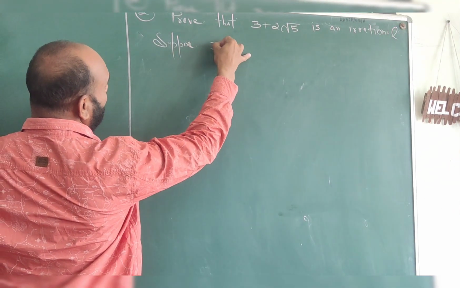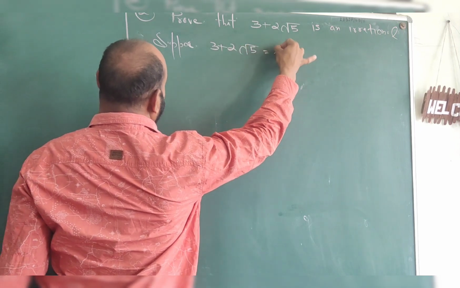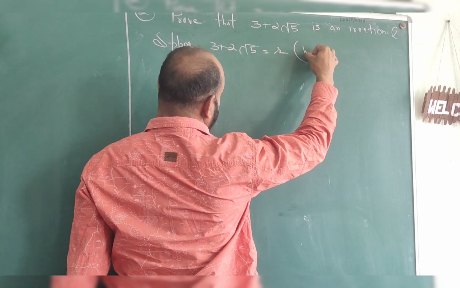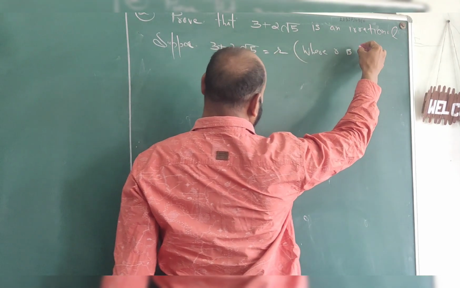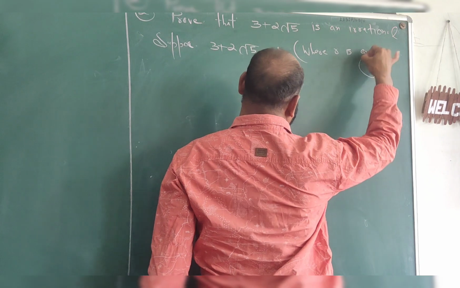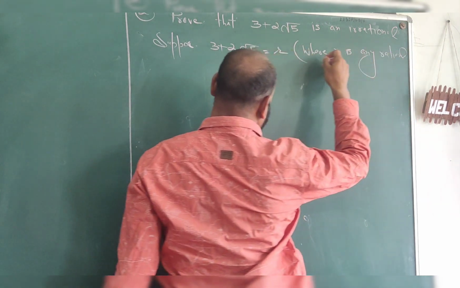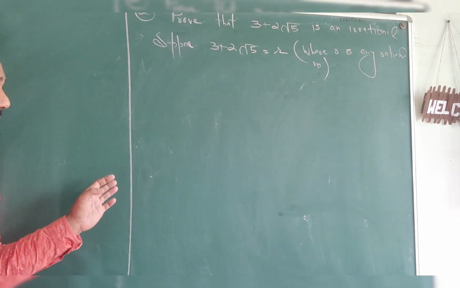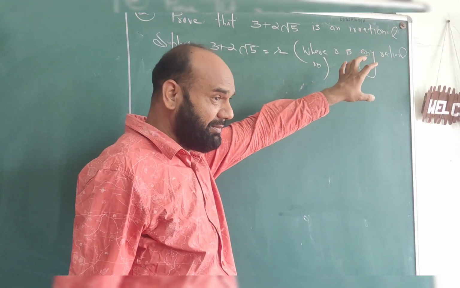Suppose 3 plus 2 root 5 is equal to R, where R is any rational number. However, we prove here that 3 plus 2 root 5 is an irrational number.